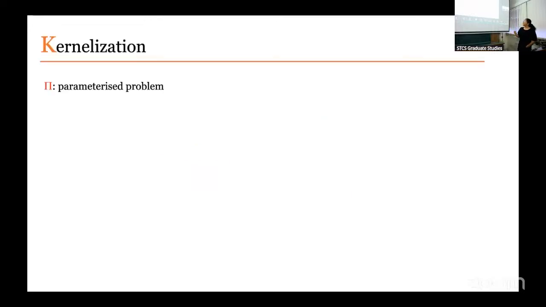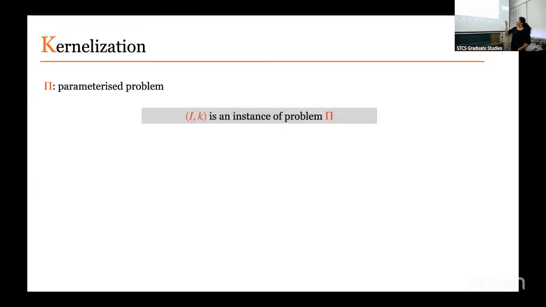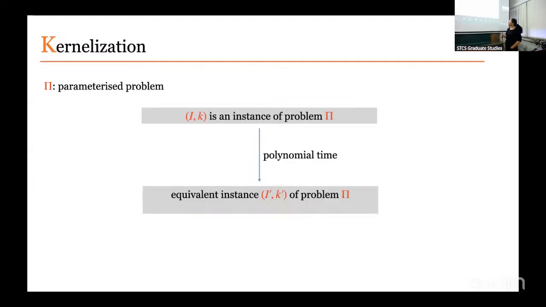Now I will quickly introduce the field of lossy kernelization. In FPT, there is kernelization, which I briefly talked about during the talk. You have a parameterized problem, and let's say (I, k) is an instance of the problem pi. This k has nothing to do with our coverage problem. It is just an integer, which is our parameter here. In polynomial time, we want an equivalent instance (I', k') of the same problem.